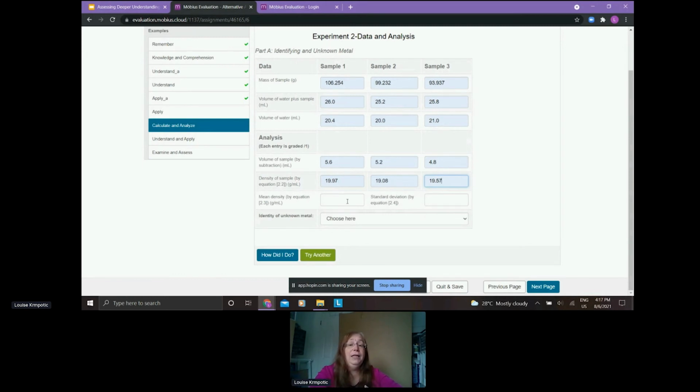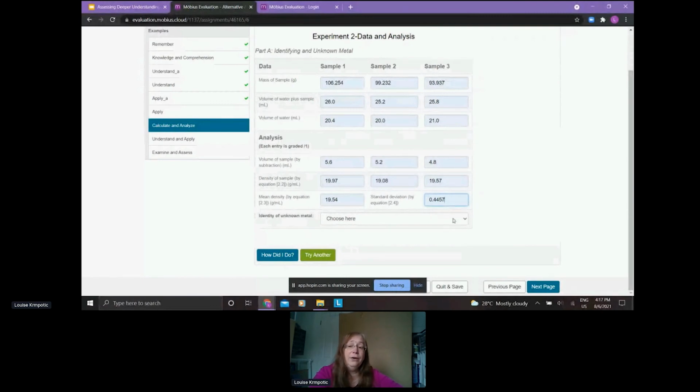And then finally, they go through and they calculate what is the mean density as well as the standard deviation using the formulas that they know. And then looking at this information based on the density of the sample and the weight of the sample, they're asked, now what is this unknown metal?